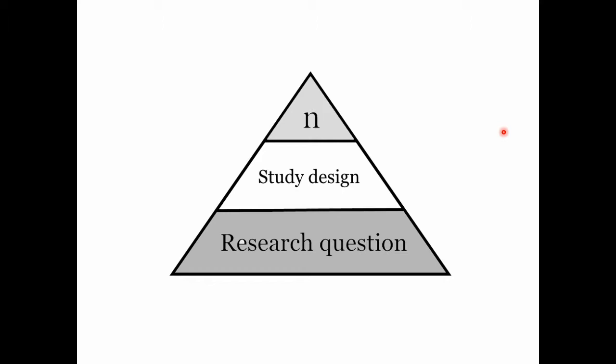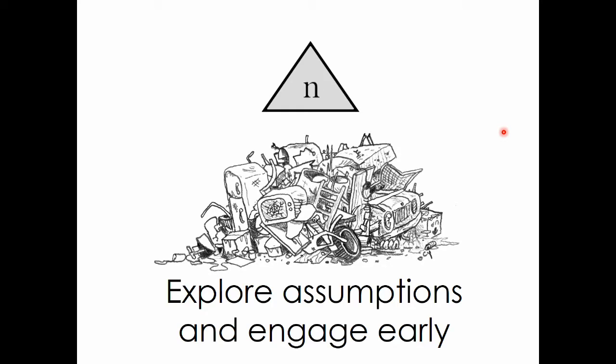And so this is the reason why statisticians will always encourage investigators to get in touch early. Because if your assumptions and the study design and everything that leads up to the sample size calculation have mistakes, then there's going to be a mistake in the sample size.